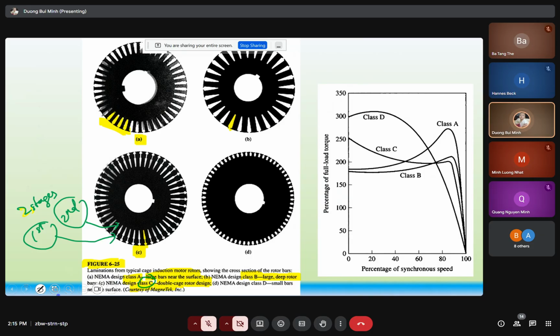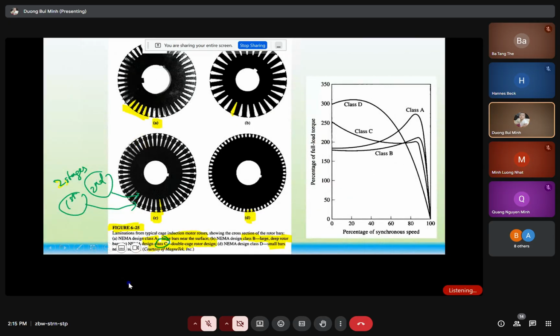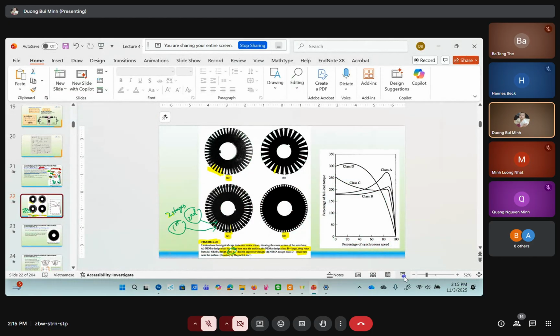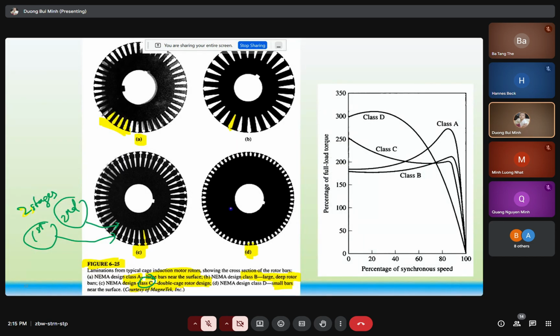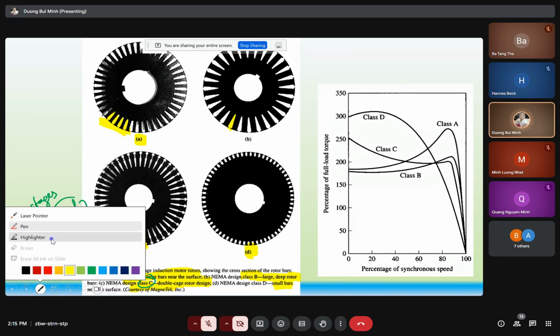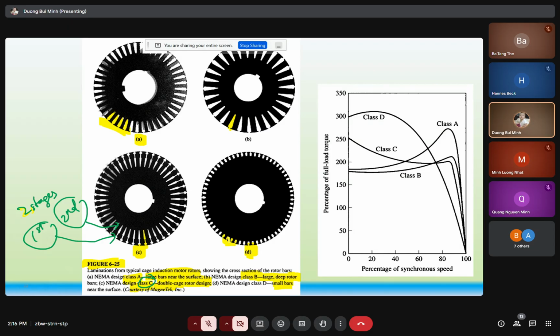Now we have D. We have a very small conduction bar very near the surface, I mean a very small cross area near the surface.